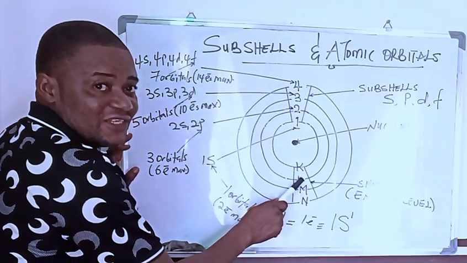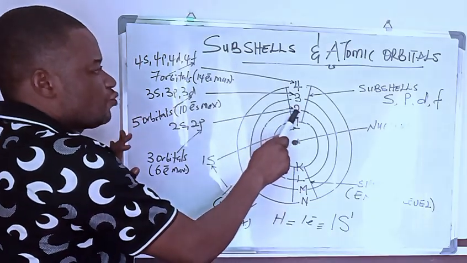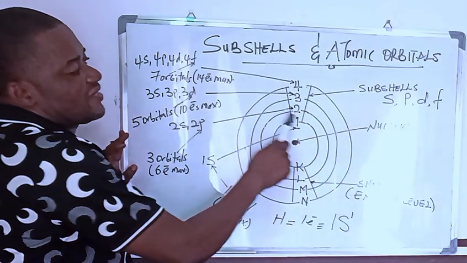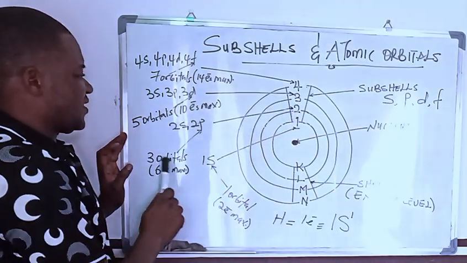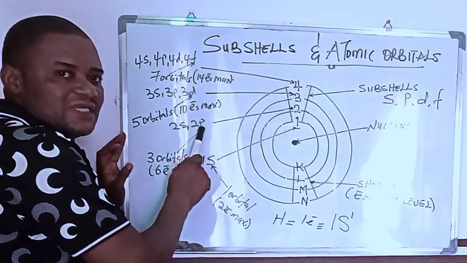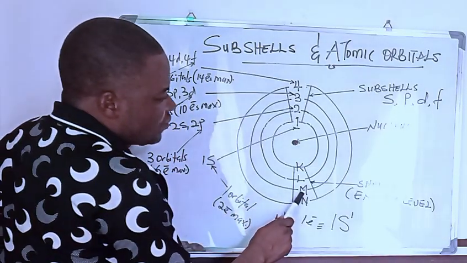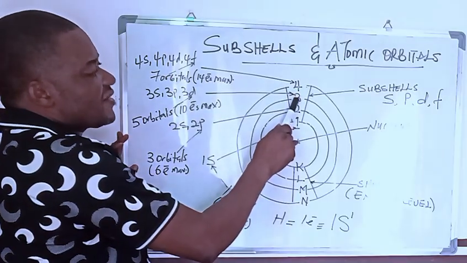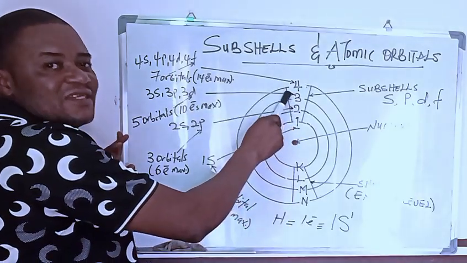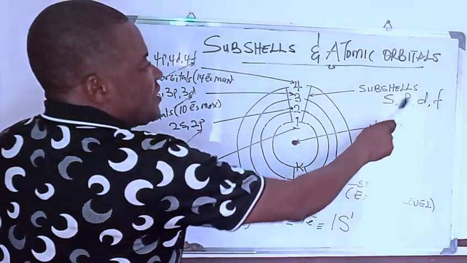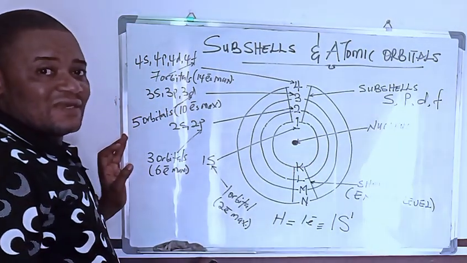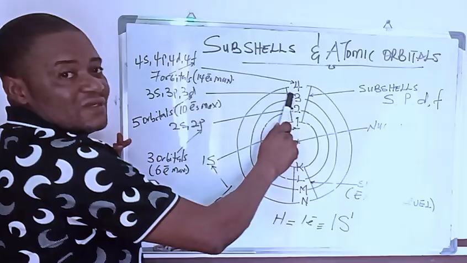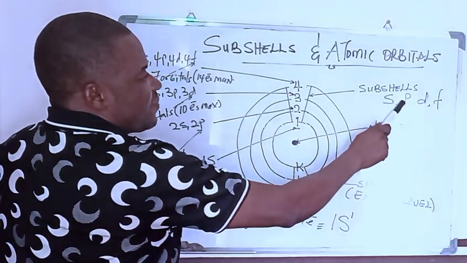The second energy level or shell possesses 2 subshells, which are S and P. Now, the third one, which is the M shell or the third energy level, possesses 3 subshells. And the 3 subshells are the S, P, and D. And now you can see that because it is at the third energy level, we have 3s, 3p, and 3d.